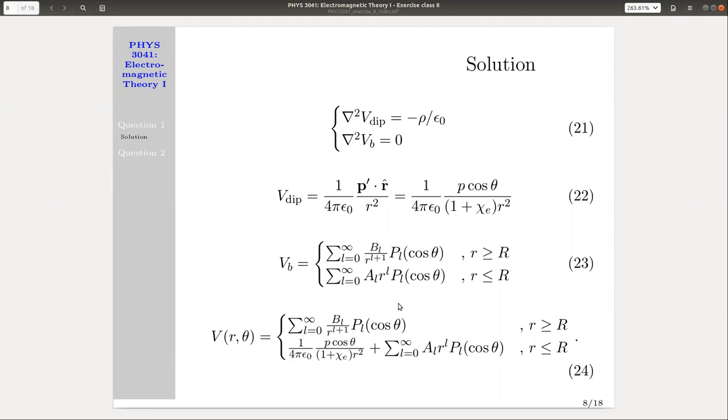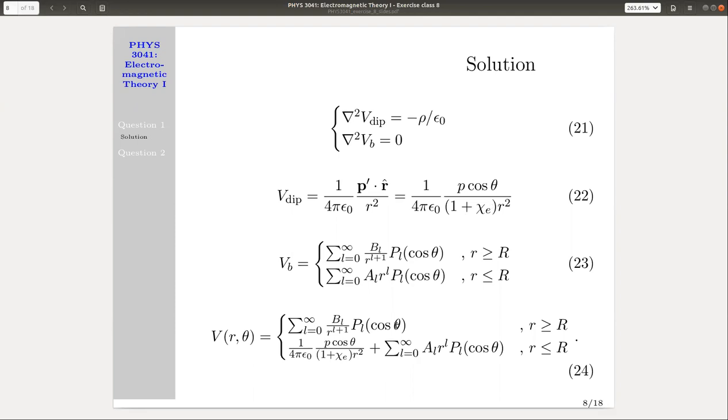And then for outside the sphere, we also have this dipole term, but as you see, the dipole term can be well absorbed into the expression here. So you see it is 1 over r squared, and cosine theta is simply the first order Legendre polynomial, so it can fit into these equations.